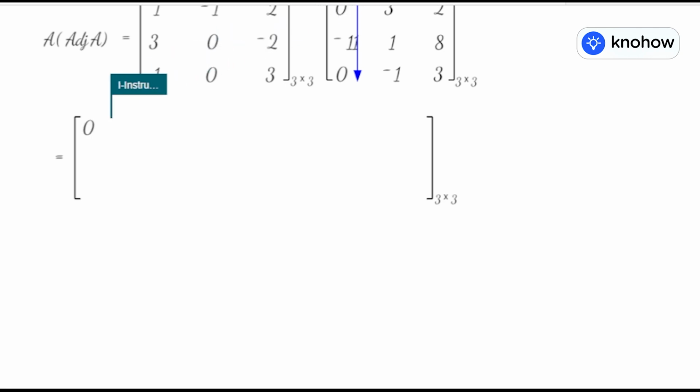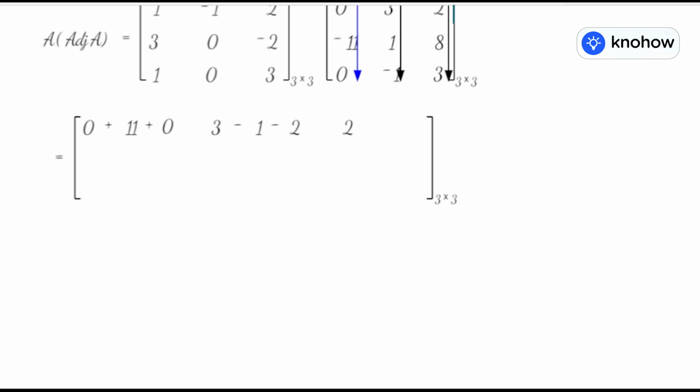Then continue multiplying first row with the second column. You get 3 and minus 1 and 3 minus 1 minus 2. And then with the third column, you get 2 into 1, 2, minus 1 into 8, minus 8, 2 into 3, 6.